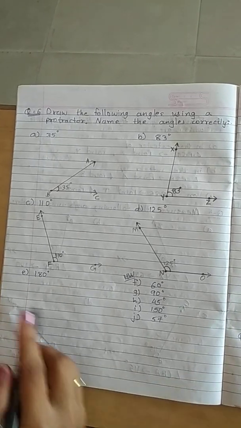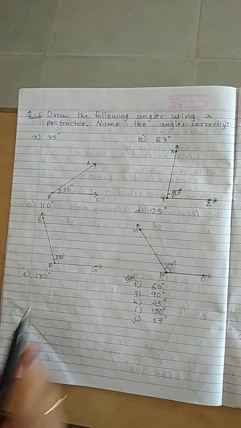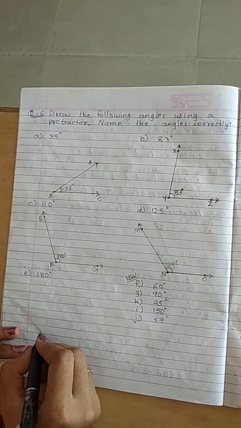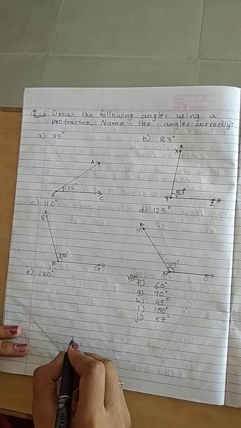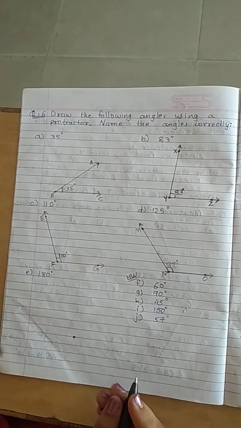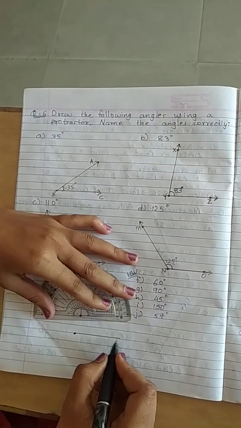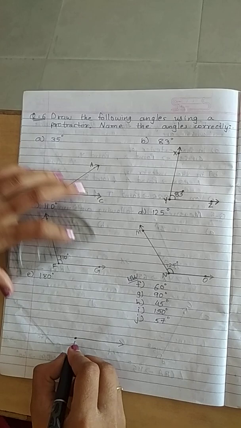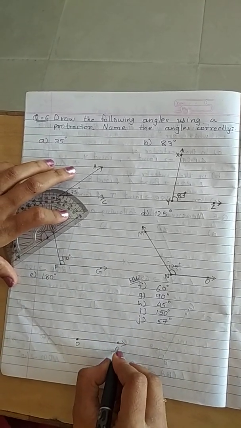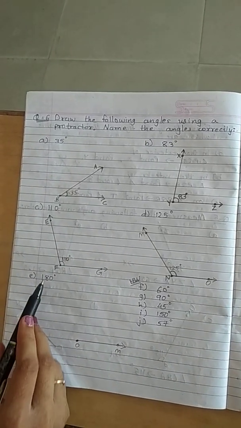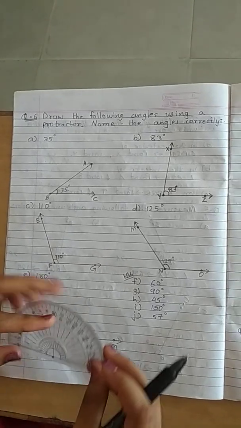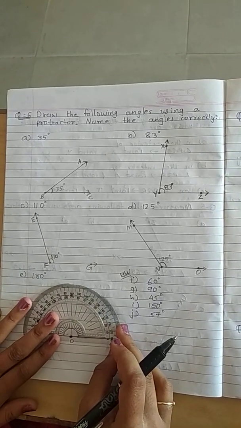Then after 180 is given. So same you will do. First of all, draw one point. Then after one ray, give the name OM, right? Then after 180 is there. So first of all set your protractor.